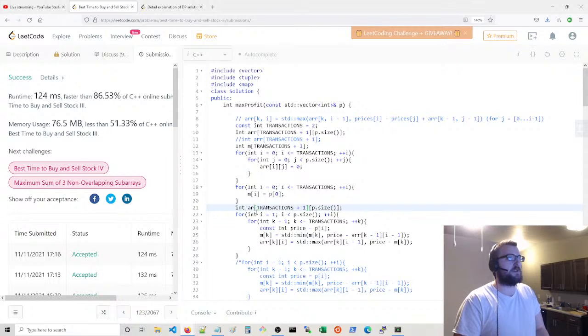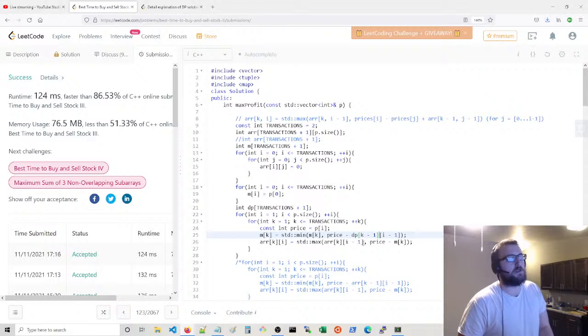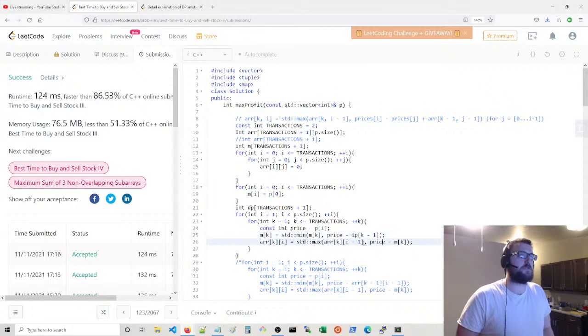We're going to call this DP in honor of the solution we're looking at. A lot of people like to use DP. And you can say, let's do DP of, instead of i minus 1, we just do k minus 1. And we're just going to use the previous DP array.